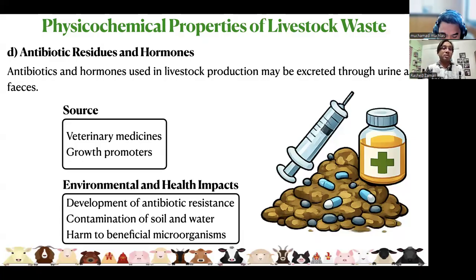It is also harmful to beneficial microorganisms, because antibiotics can kill other beneficial microorganisms in the environment if the waste is not managed in a proper way. So all these are the chemical properties of the livestock waste.